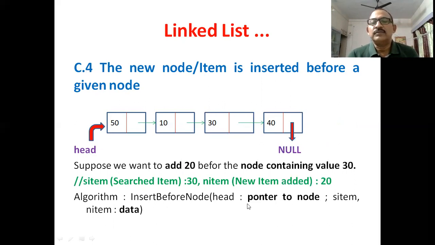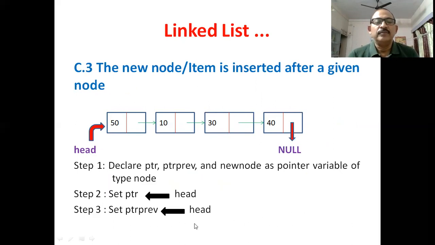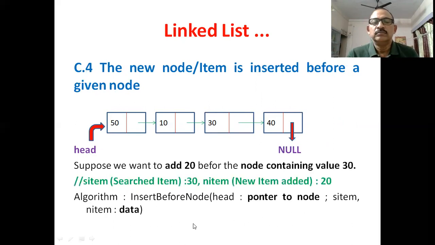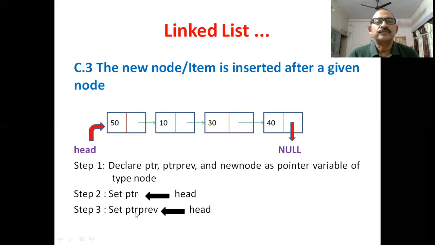Again, this algorithm takes the 3 parameters: head, search item, and you can see the new item. Okay. Now we declare PTR, PTR previous, new node as pointer variables. We set PTR is equal to head, and PTR previous is equal to also head.